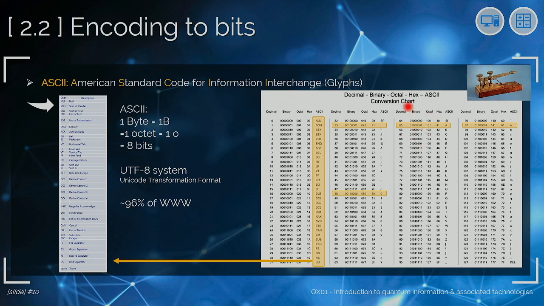And the idea is to basically transform each of these characters into a string of zeros and ones, so the binary system, in 1 octet, in 1 byte of information. And more than 95% of data transfer on the internet nowadays is based on this system of coding.